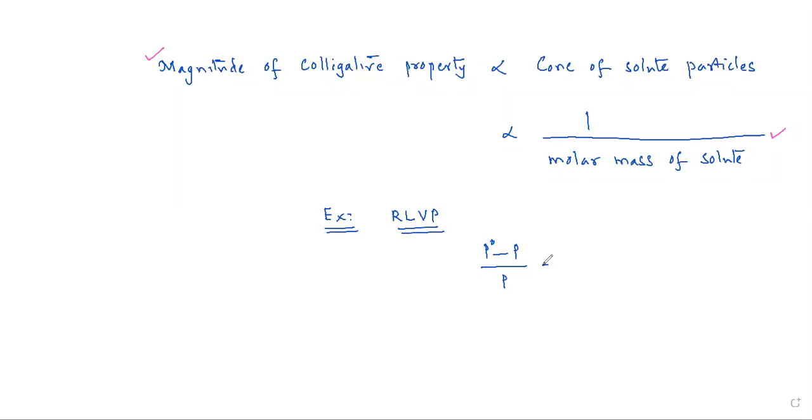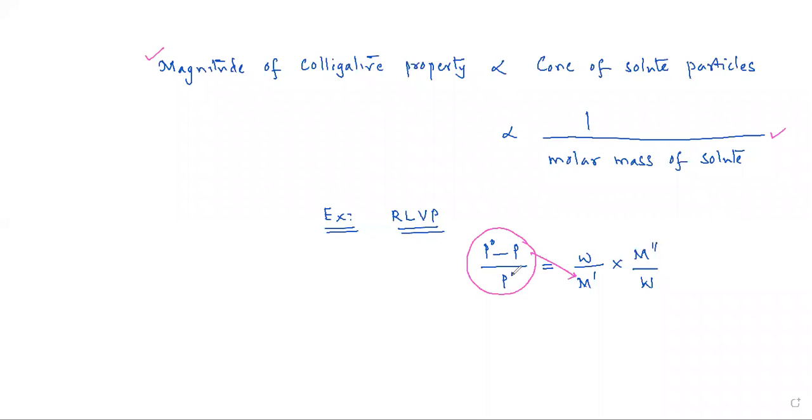You can take P naught or P for a dilute or concentrated solution. This is inversely proportional to the molecular weight.